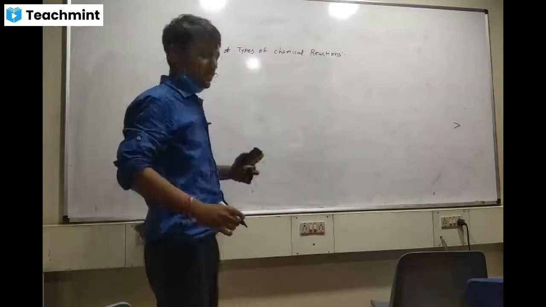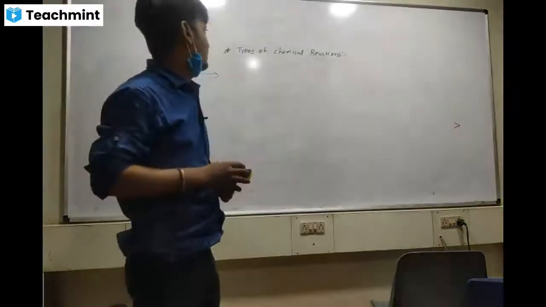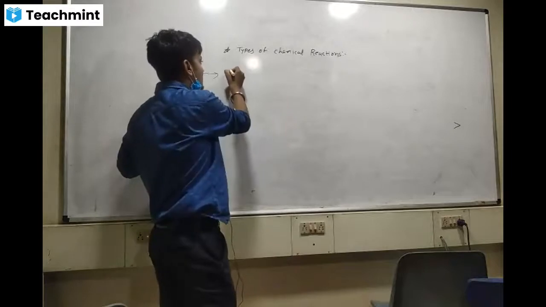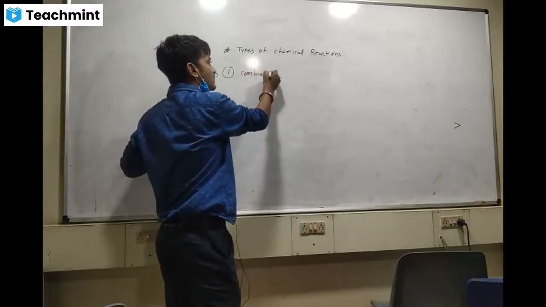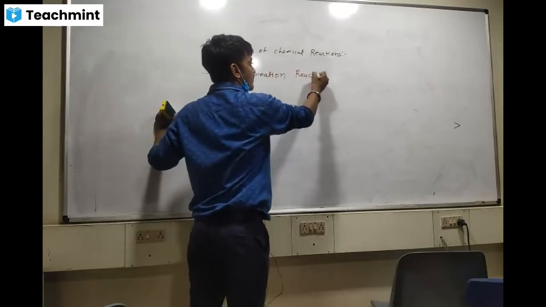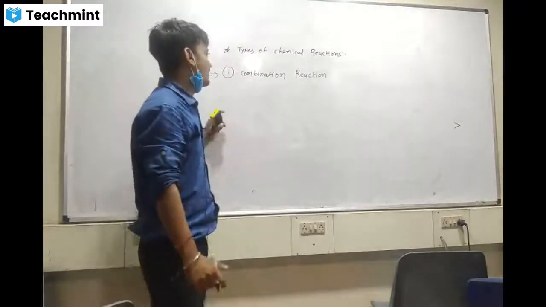So, based on product and reactant type, chemical reactions are classified as follows. Our first type is combination reaction. Combination means to combine.